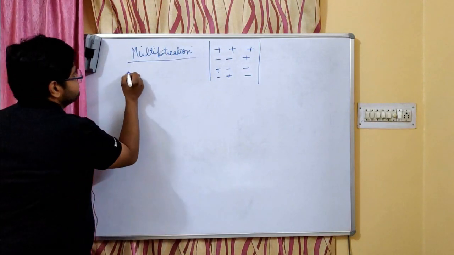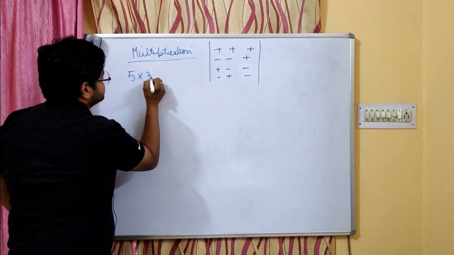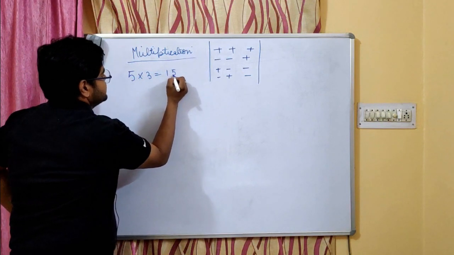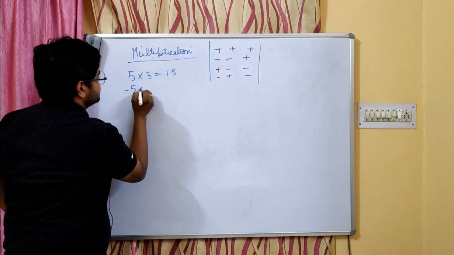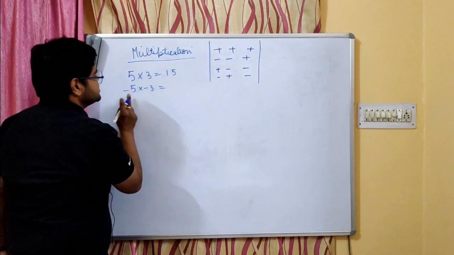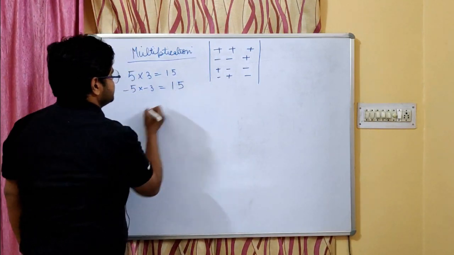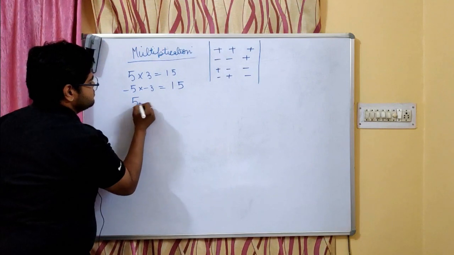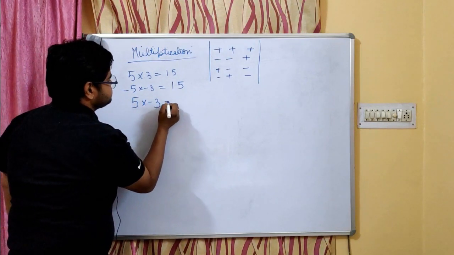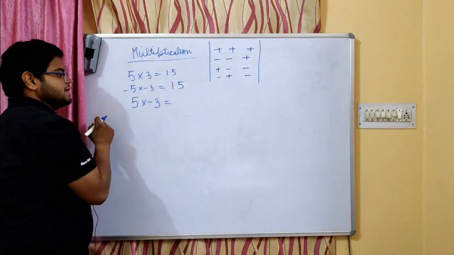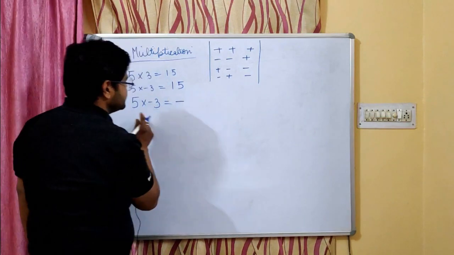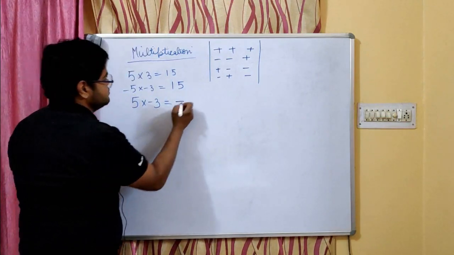Now, let us look into some examples. Suppose you have 5 into 3, it will be 15. But if you have minus 5 into minus 3, this minus minus will become plus, and 5 into 3 is 15. Now, if you have 5 into minus 3, one of them is negative, so the end result will have a negative sign, and 5 into 3 is 15.